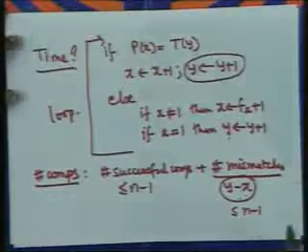The other way to see that the number of mismatches is at most n minus 1 is that each time there is a mismatch, I shift the pattern by at least 1. Remember, there is a mismatch, I shift the pattern. The number of times I can shift the pattern is at most n minus 1.